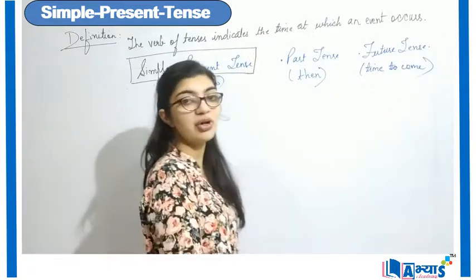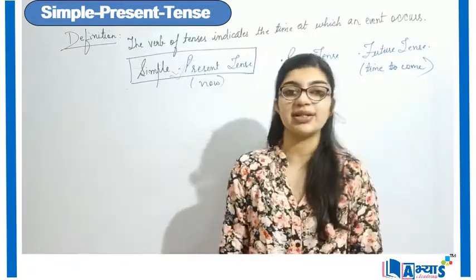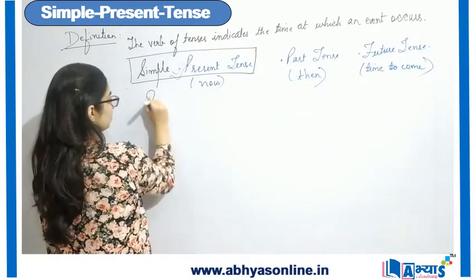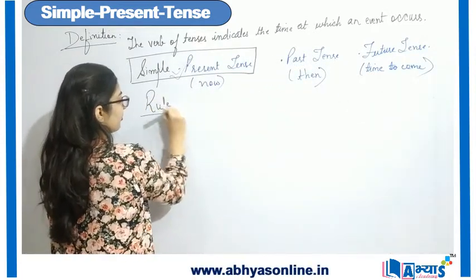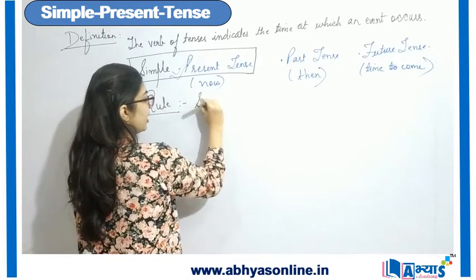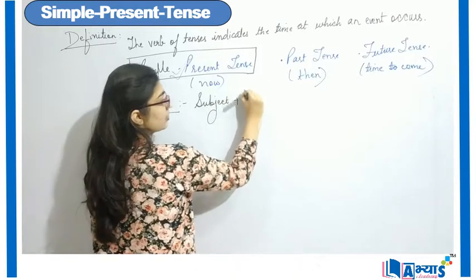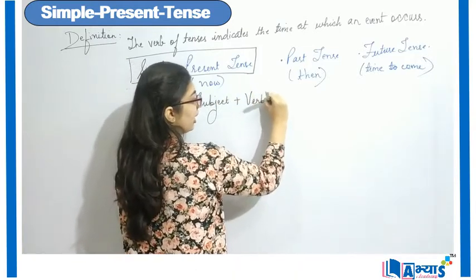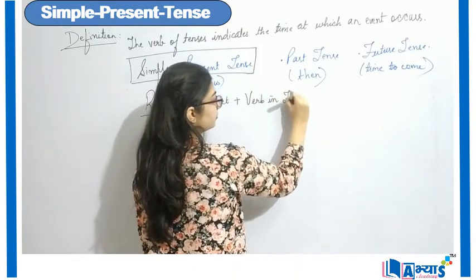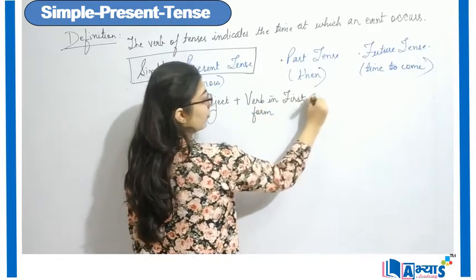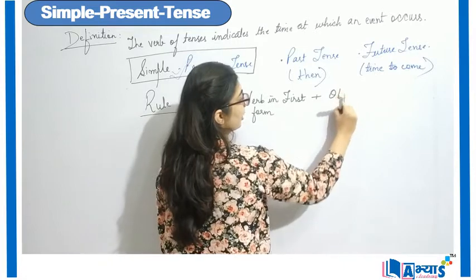So the rule for identifying a simple present tense in the sentence is subject plus verb in first form followed by object.